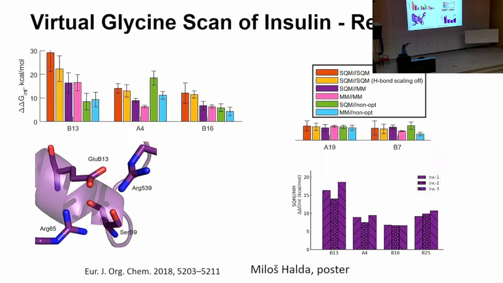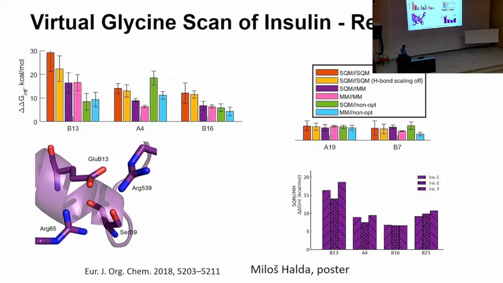And on the right-hand side, you can see that the different methods give roughly similar results with differences of a few kilocalories, but still going from the right to the left, from molecular mechanics to SQM, which should give more reliable data.